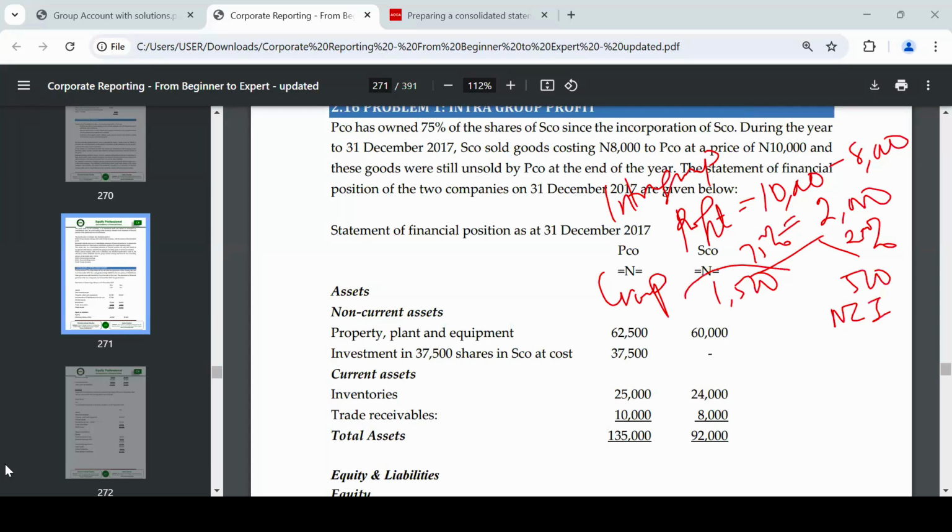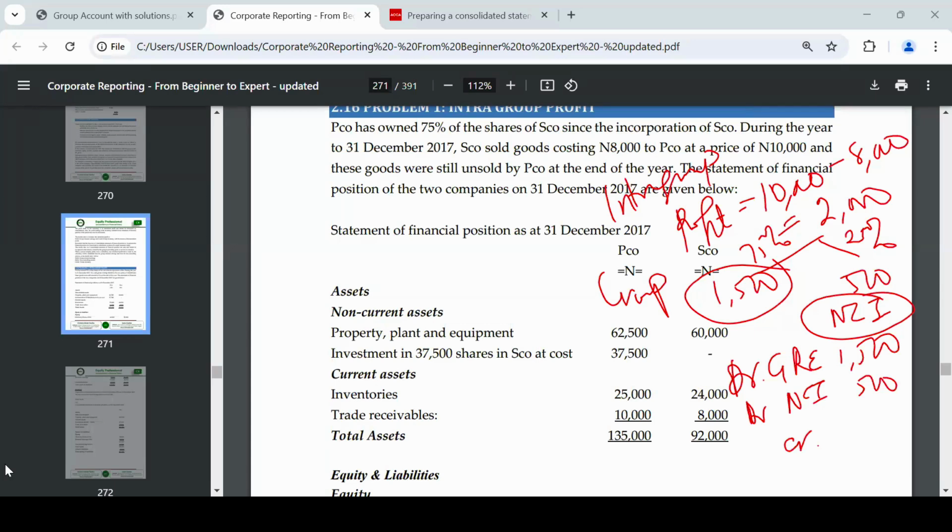Now, the retained earnings and NCI are both equity components. So to reduce these values, equity is credit. Abi, to reduce it, what do? I debit group retained earnings 1,500, debit NCI 500, and then to reduce these goods that must be showing in the book of the PICO at 2,000 naira, we want to reduce that inventory.